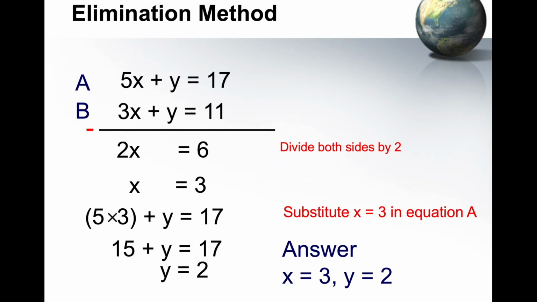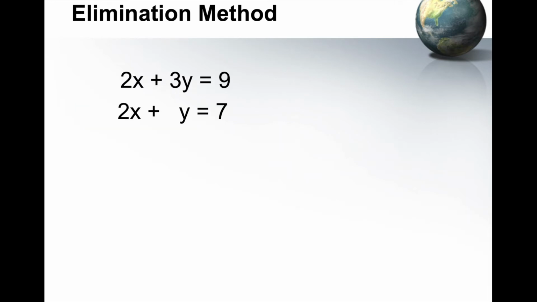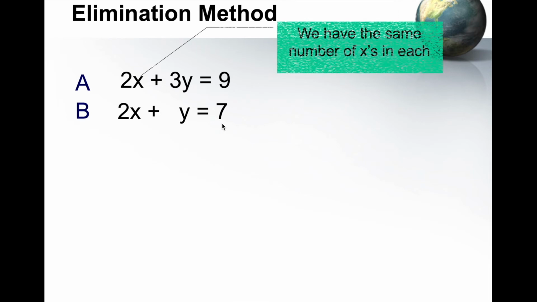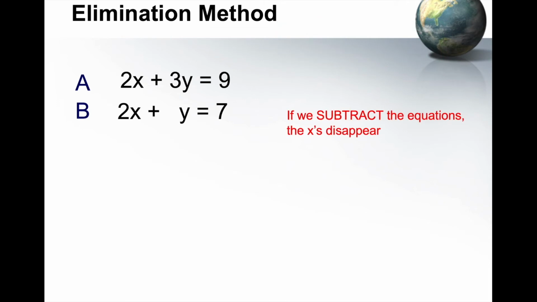Okay, let's take a look at another one. Same thing, we have two equations and two unknowns. But in this case, as you can see, x has the same number, which is 2. So we are going to eliminate the unknown or variable with the same number. They both have the same sign, so we do subtraction.